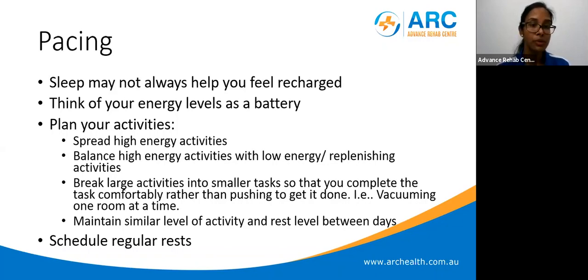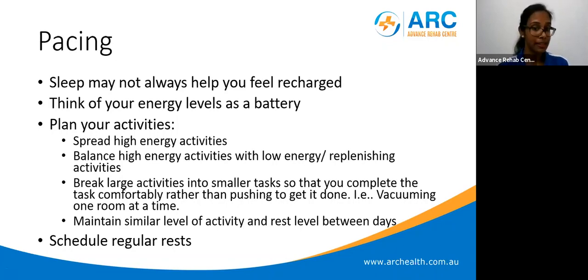So essentially, that's what we want to do with your activities and the way you schedule and pace your routine as well. So once you identify which activities are high energy, you can spread them better throughout the day or throughout the week. You can also balance them by alternating your high energy activities with low energy or replenishing activities.